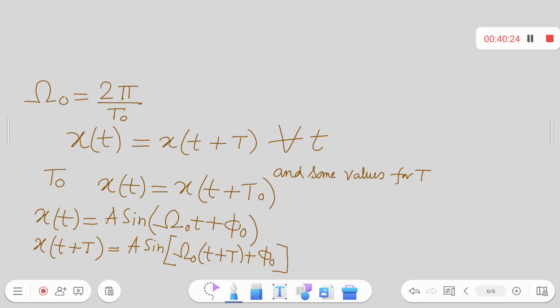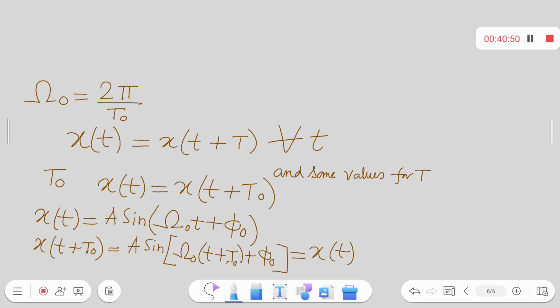So now if you just plug in the values, you will see that once again you are getting x of t, you have to put T equal to T naught there. So the sinusoidal signal, for example, a sine omega naught t plus phi naught or a cos omega naught t plus phi naught, is inherently known to be a periodic signal.